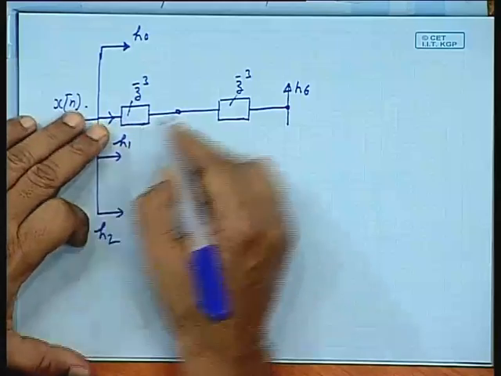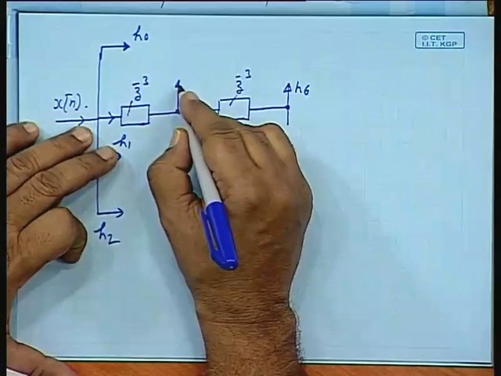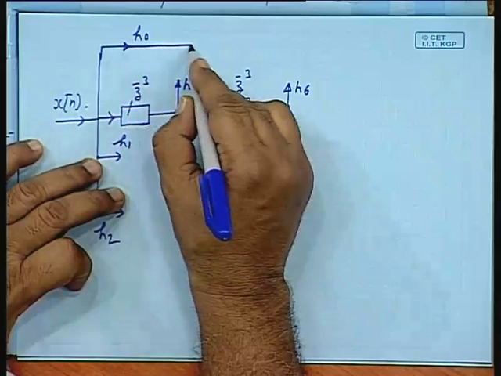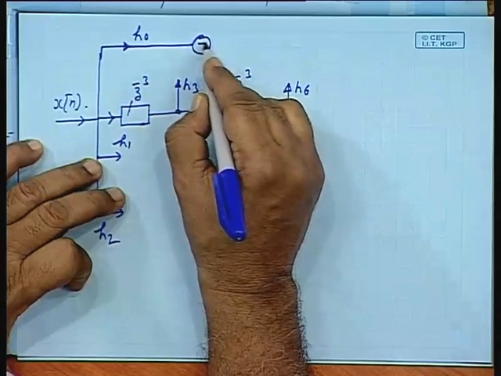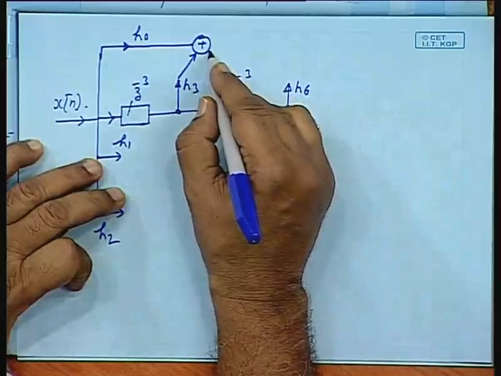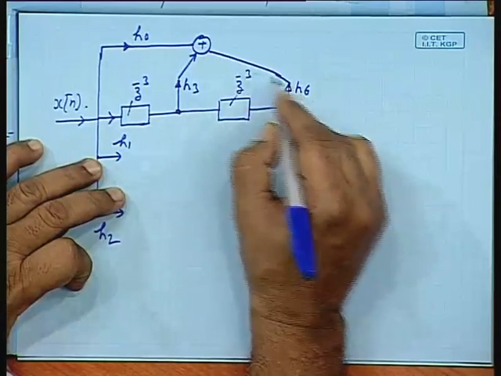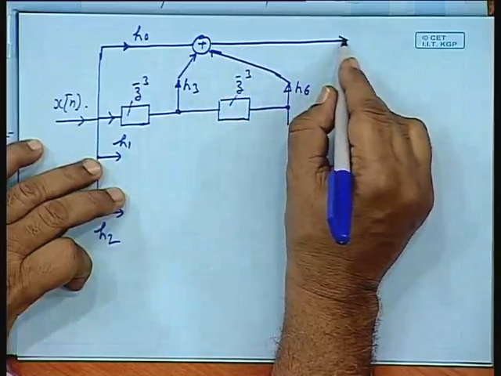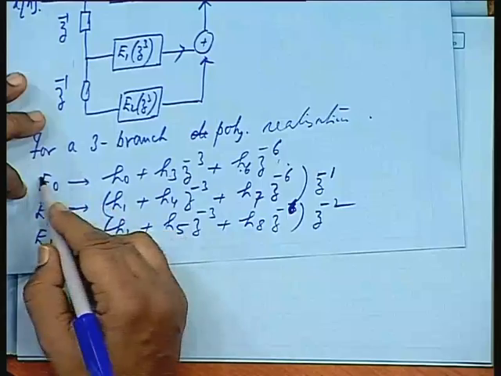So, z to the power minus 3 is here. So, I will take a multiplier here h 3 and add them here. This is the output corresponding to the first phase.